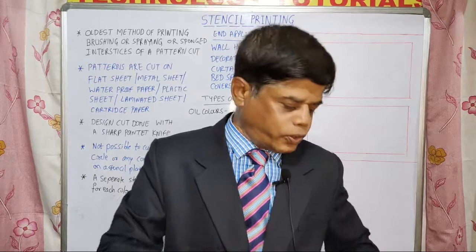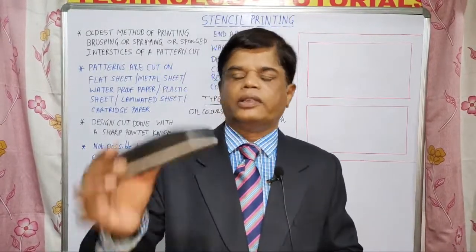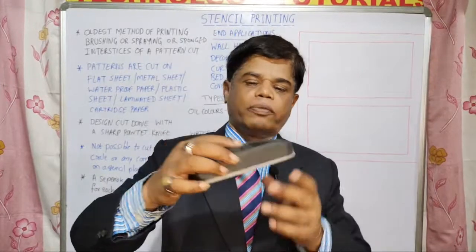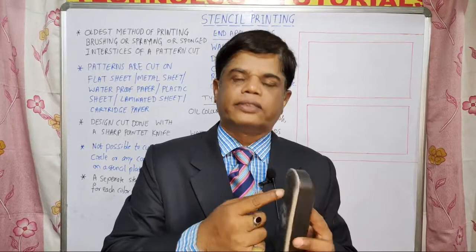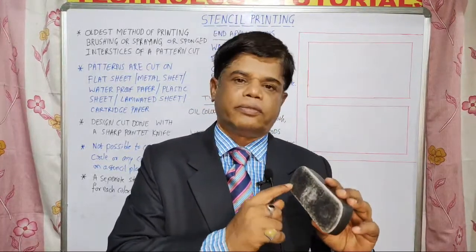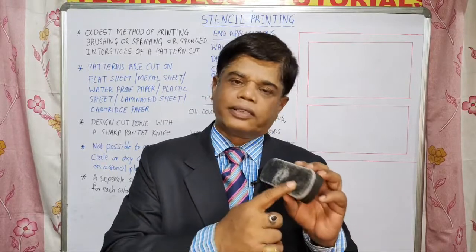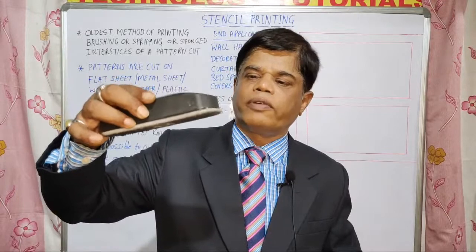Block printing, you know, friends, requires blocks. These are wooden blocks. On the bottom of the blocks, sharp carved designs are cut, whatever patterns or designs there are. That is a block for printing.